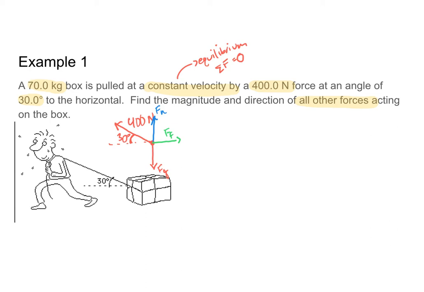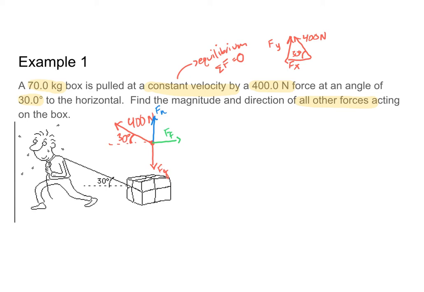Next, we want to break our angled forces up into their x and y components. To do that, let's take a look at our 400 Newton force, and I'm going to draw it up above our problem here. Our 400 Newton force is at a 30-degree angle, which means it has both an x component and a y component, which I'm going to call Fx and Fy.